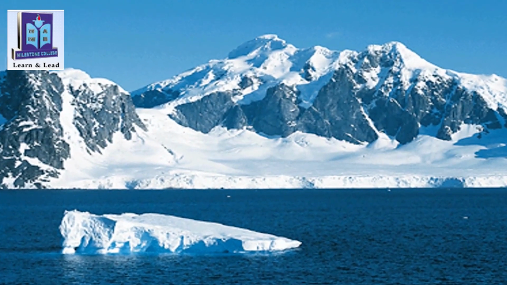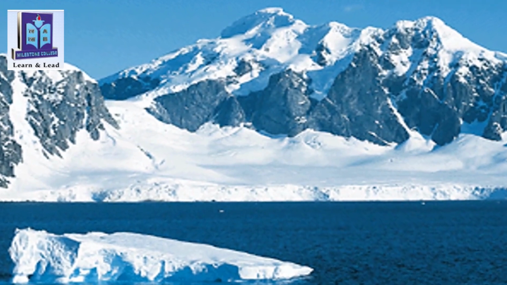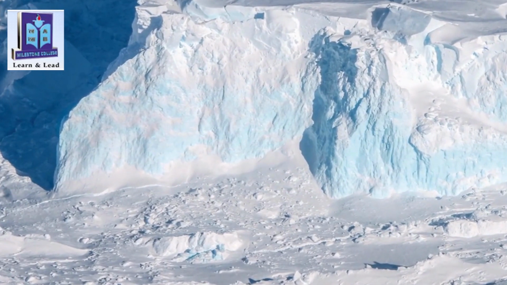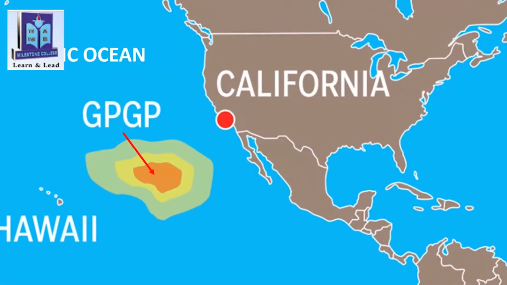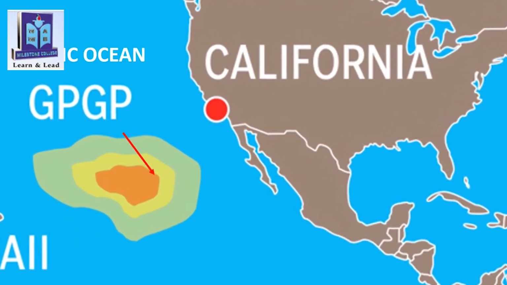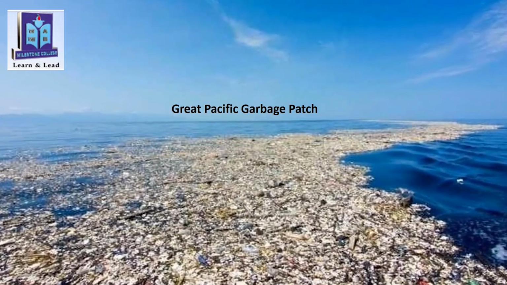Pollution can spread to remote places where no people live. For example, pesticides and other chemicals have been found in the Antarctic ice sheet. In the middle of the northern Pacific Ocean, a huge collection of microscopic plastic particles forms what is known as the Great Pacific Garbage Patch.